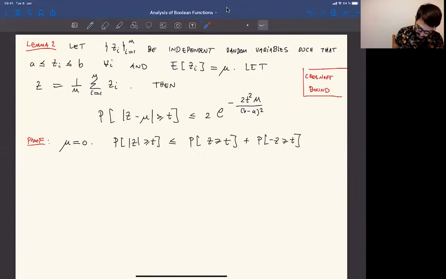This is just because either z is positive or negative. If it's positive, then this is true. If it's negative, then this is true. And so by the union bound, we can bound by this. So that's where these two terms come from. So we just need to deal with one of these probabilities.